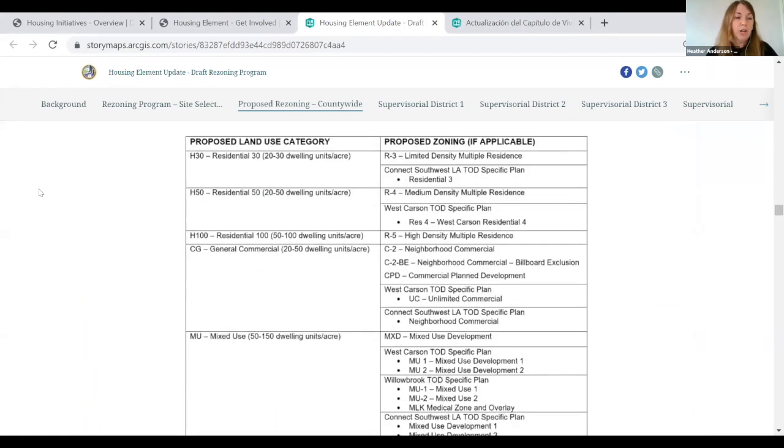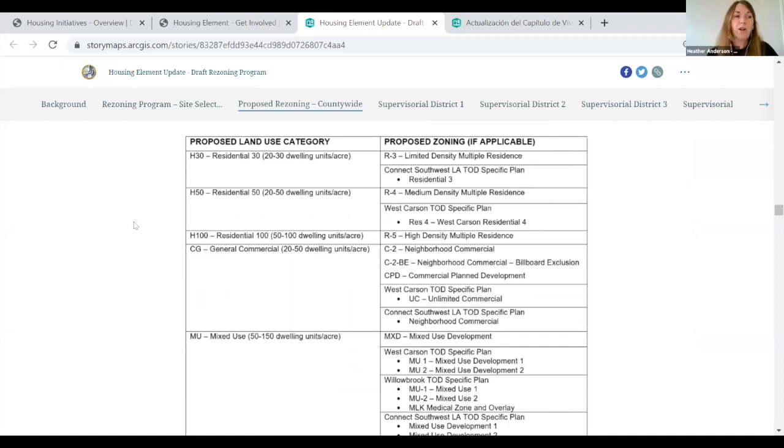So what can be built on a property is determined by two things. Here in this table, the land use category, which provides the general intended uses and the residential density, and the zoning, which provides a more specific list of permitted uses, their permit types and development standards like height and setbacks.